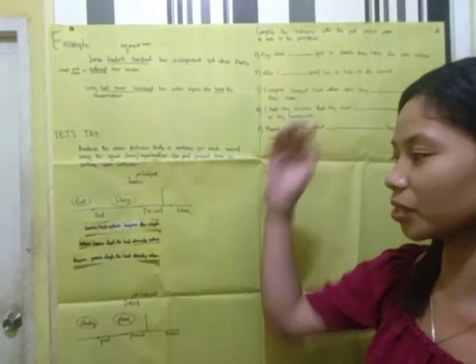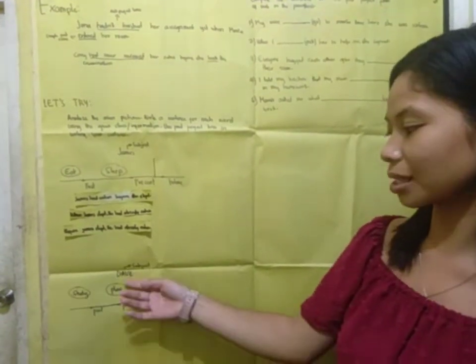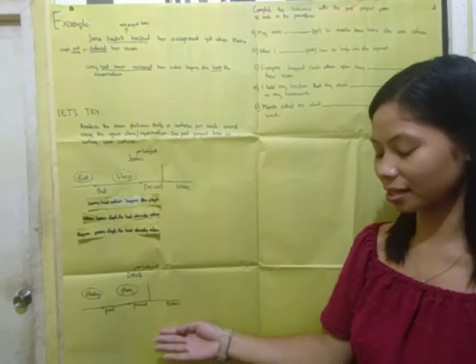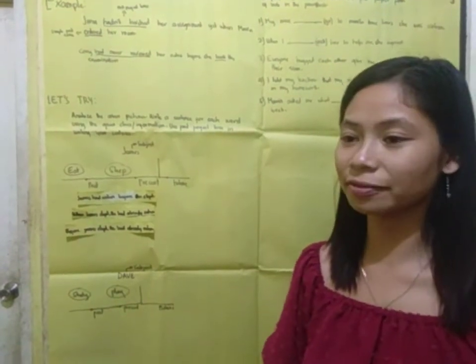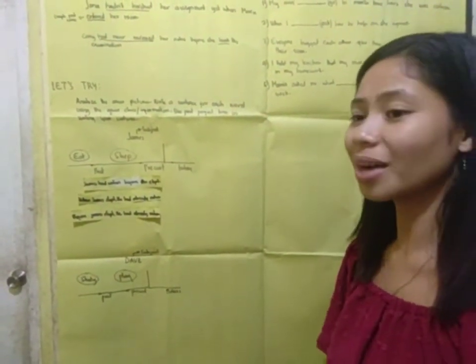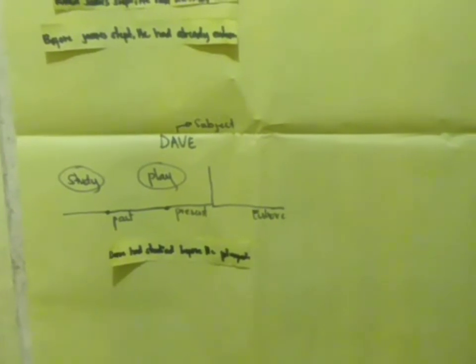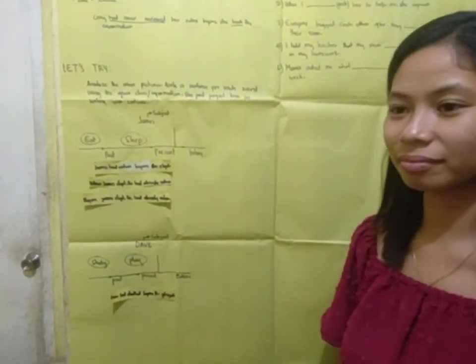Alright, so let's proceed to our next analysis, and we use Dave as a subject. I will give you a second to analyze this one. Alright, since you have done analyzing, great. The answer number one is: Dave had studied before he played. Okay, number two.